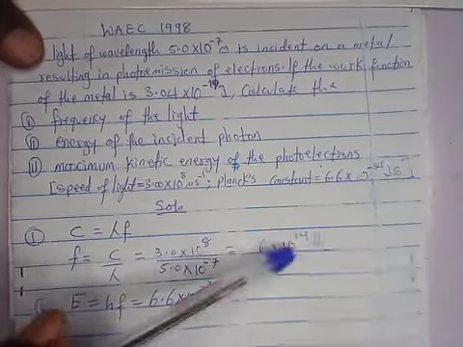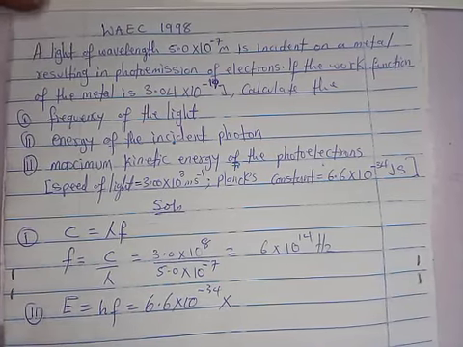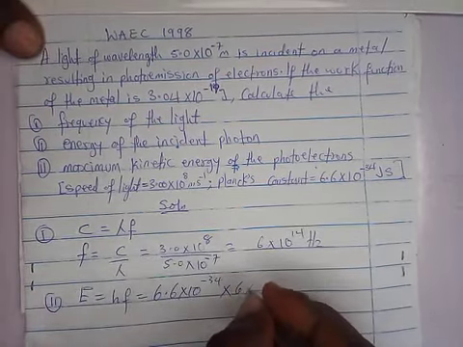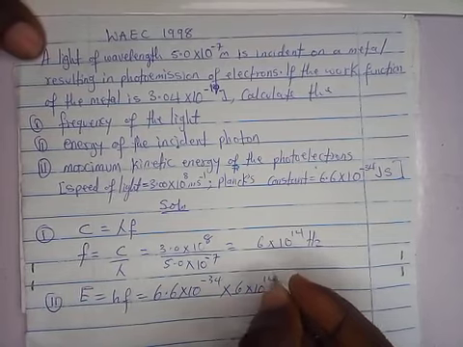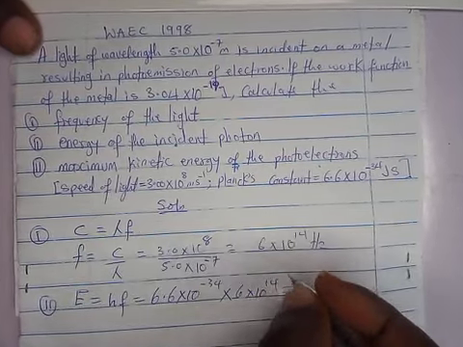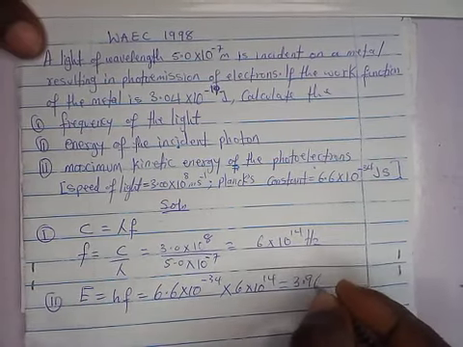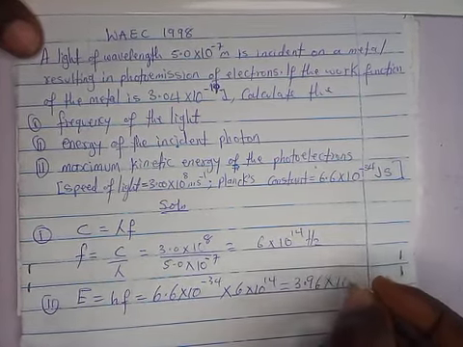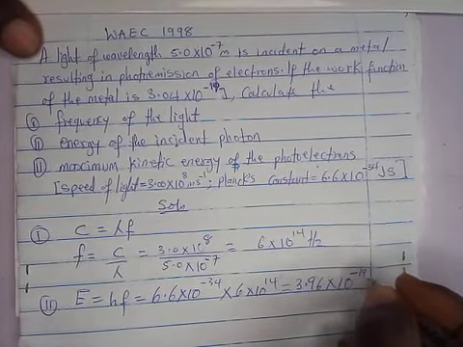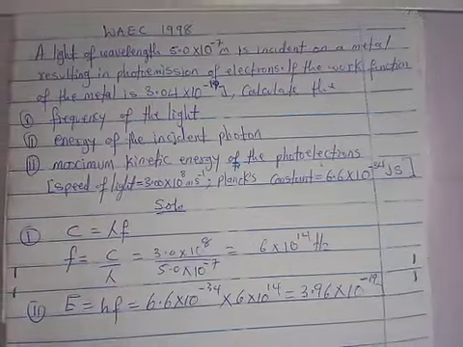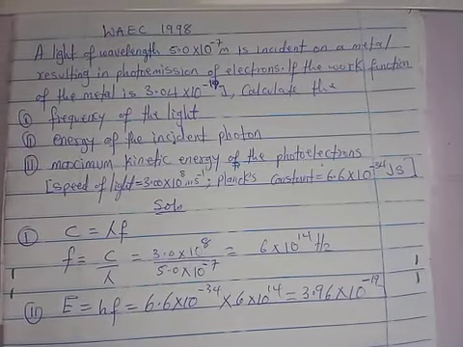Our frequency is what we've gotten here, which is 6 times 10 raised to the power 14 hertz. So I will multiply the two, you'll be having 3.96 times 10 raised to the power minus 19 joules.